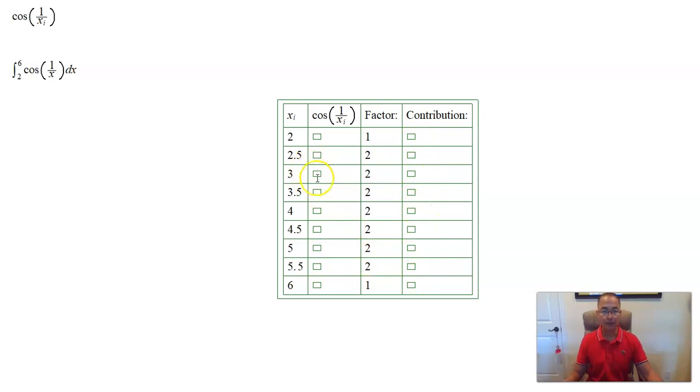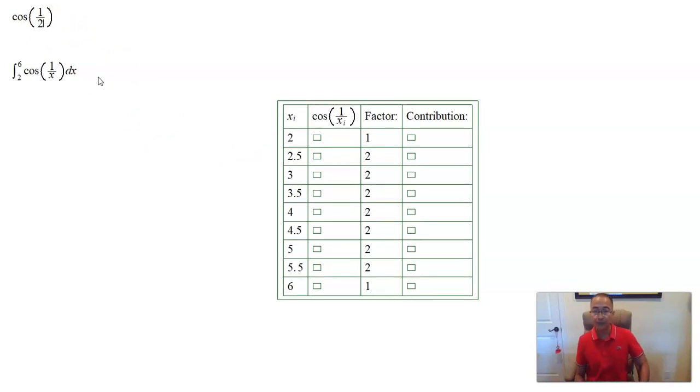But for the points in between, we double, and that will be their contribution to the formula. Okay? So from the top, we have x equals 2. If you have your scientific calculator with you, make sure that you're in radians mode. Otherwise, your answers will all be really, really close to 1 because 1/2 degree is pretty close to 0.